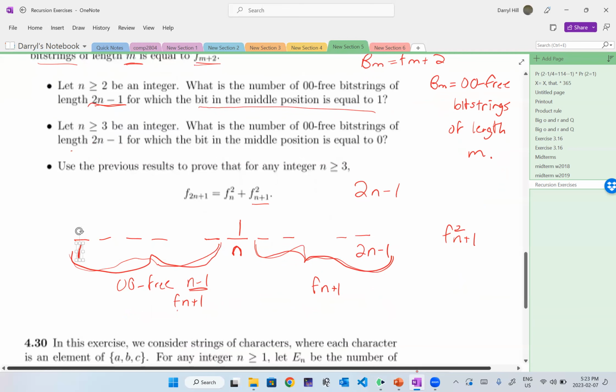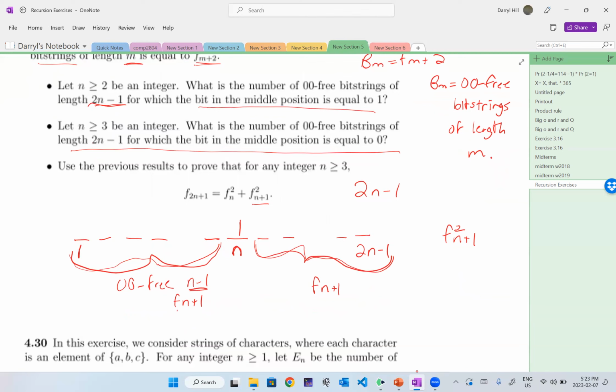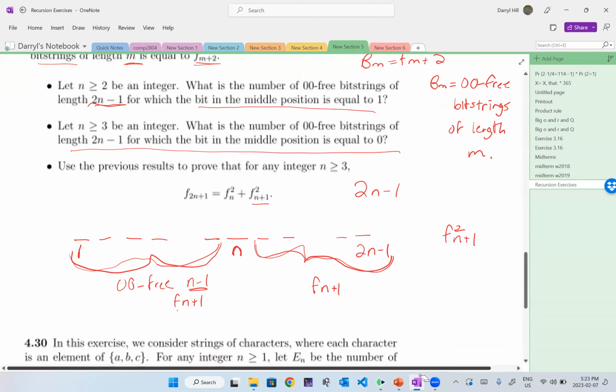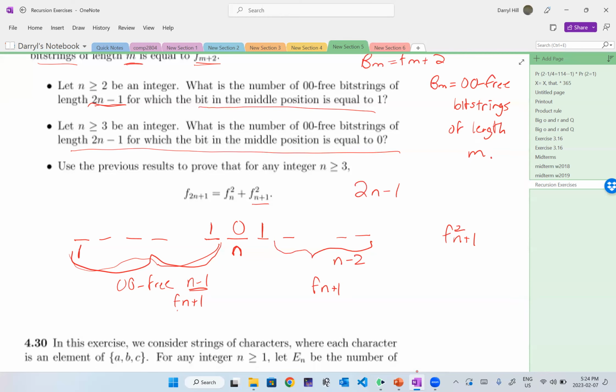The next question is, well, what if the bit in the middle position is equal to 0? Okay, I can do the same thing here. I put a 0. If I have a 0 and it's 00-free, then I also know these two bits, neither one can be a 0, right? Which means that now, if I look at the length of this, it's now n minus 2.